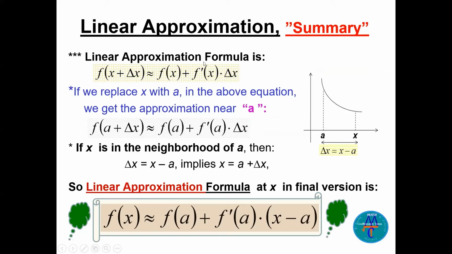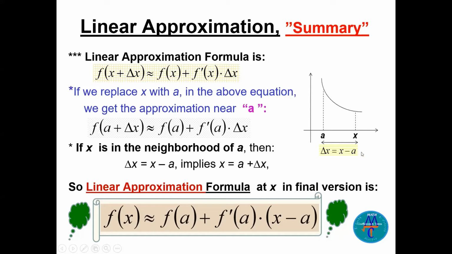We have seen the linear approximation formula, f of x plus delta x is approximately f of x plus f prime of x times delta x. So if we replace now x with a in the above equation, we put a here instead of x. So we will get f of a plus delta x approximately f of a plus f prime of a times delta x.